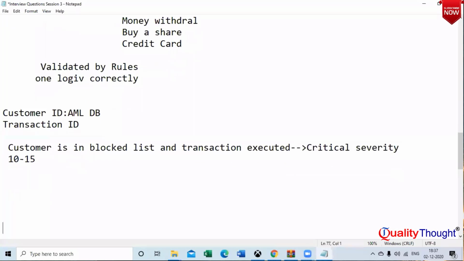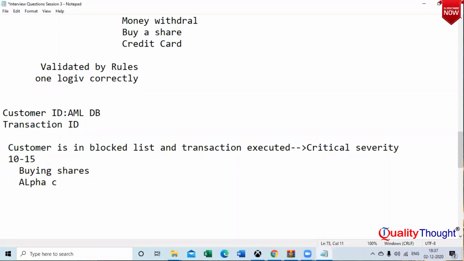In one of the transactions, the transaction is related to buying of some shares, some trades. There are different categories of customers: premium customers, which they used to call alpha customers.